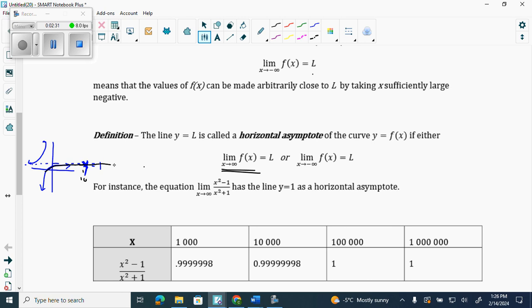Now if I do negative infinity, what's it going to get closer and closer to, as I keep going this way forever? It's going to get closer and closer to 1. So when you take the limit as x approaches positive infinity or negative infinity, you're actually getting the horizontal asymptote. Okay?